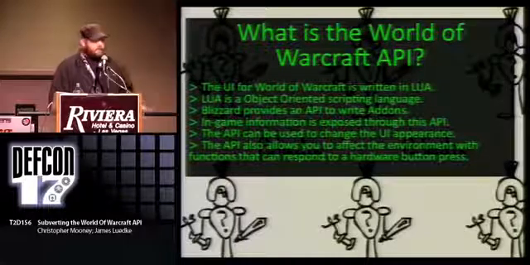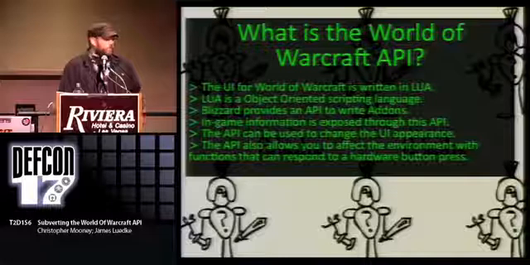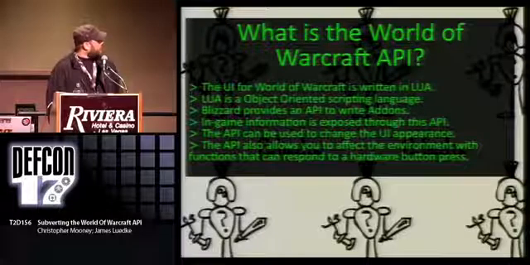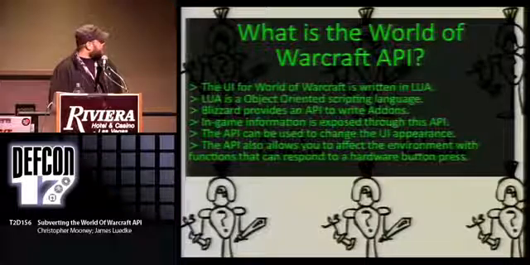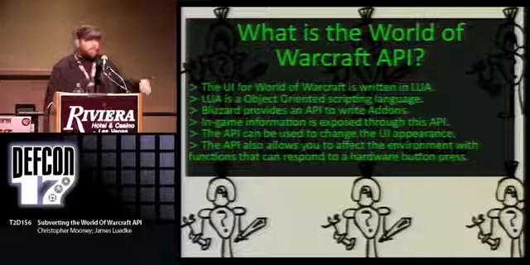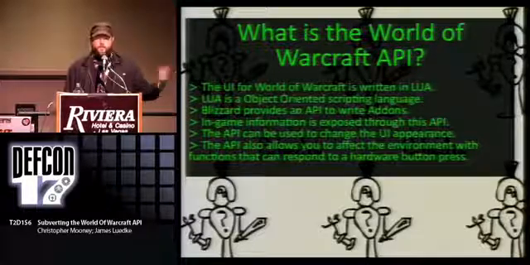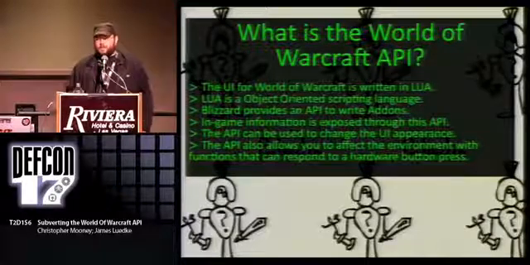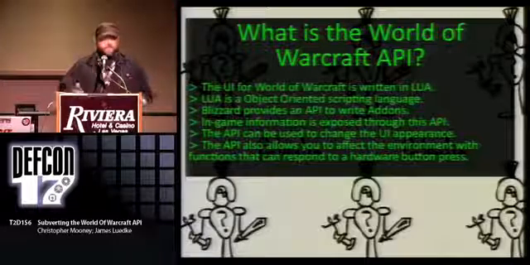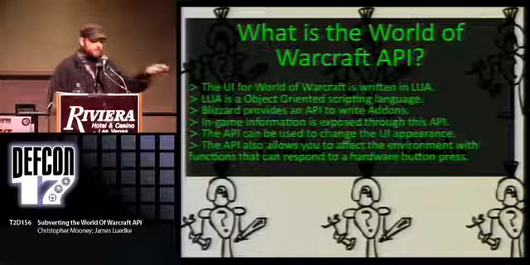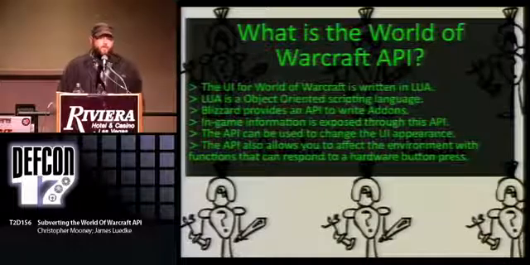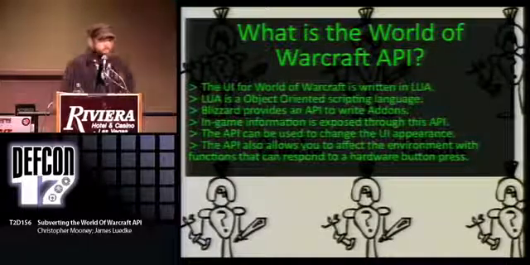It's written in Lua, an object-oriented scripting language, and you load add-ons in the game. They change the way it looks and feels, and this is important because you can get a lot of information out of the environment, which allows you to take certain actions, and then you can inject inputs back into the environment, which is really important to making this code work.